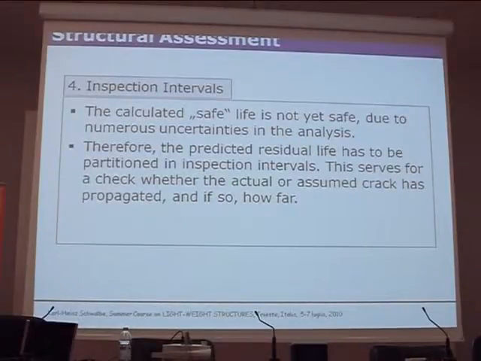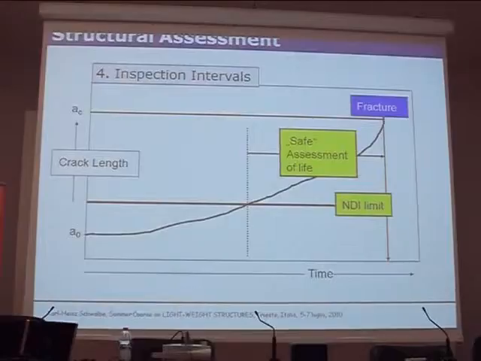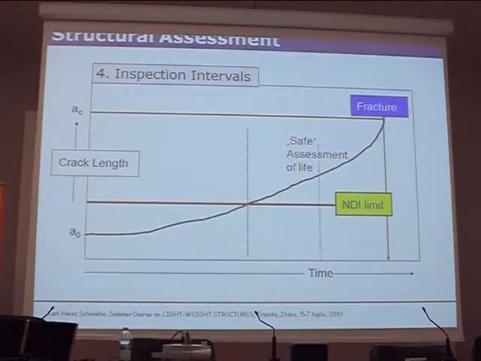It is not accurate. So partition the assessed or estimated lifetime into intervals in order to be safe, you know. Now this is the starting diagram, and we partitioned it into two sections or two sectors. Sometimes people use 3 or even 4.